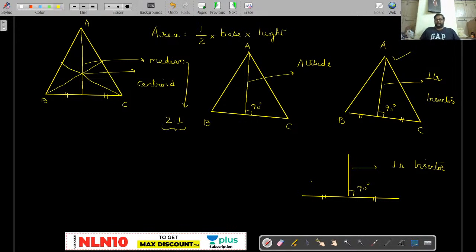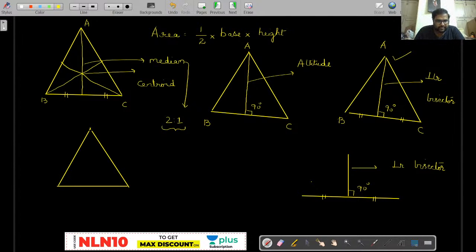Okay. Now here come the extra points that you have to learn. What will be the area of an equilateral triangle? Can anybody say this? Now see here, equilateral triangle, 60, 60, 60 degrees.